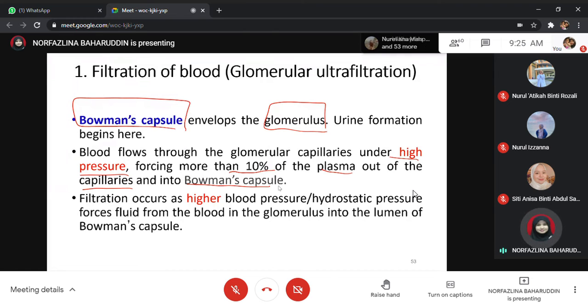So plasma will go from the capillaries to the Bowman's space. Okay, so filtration occurs as high blood pressure. As I mentioned, high hydrostatic pressure forces fluid from the blood in the glomerulus into the lumen of Bowman's capsule. Lumen is the space, into the lumen of Bowman's capsule.